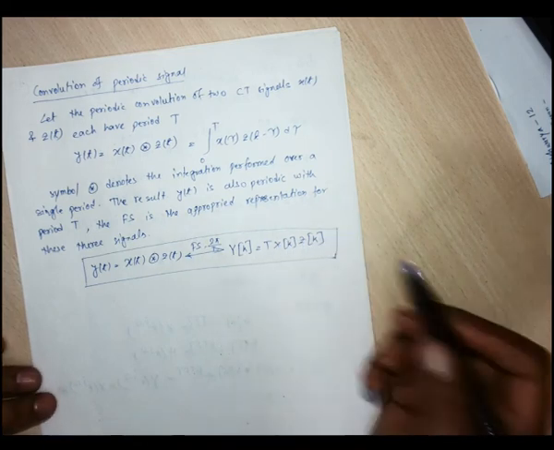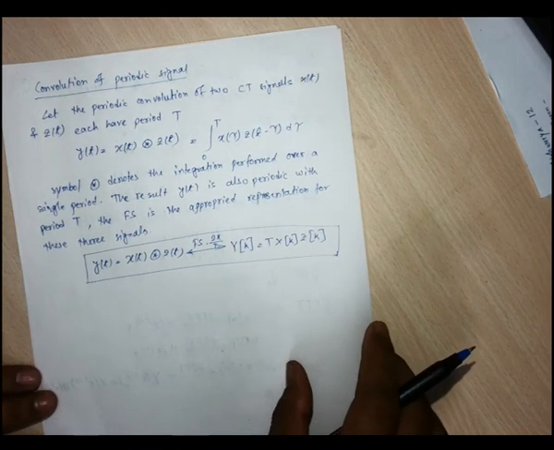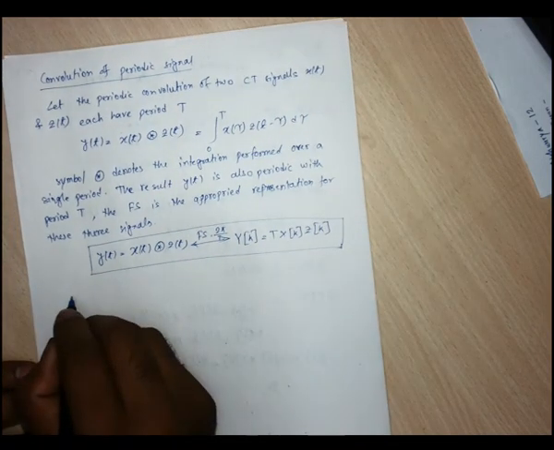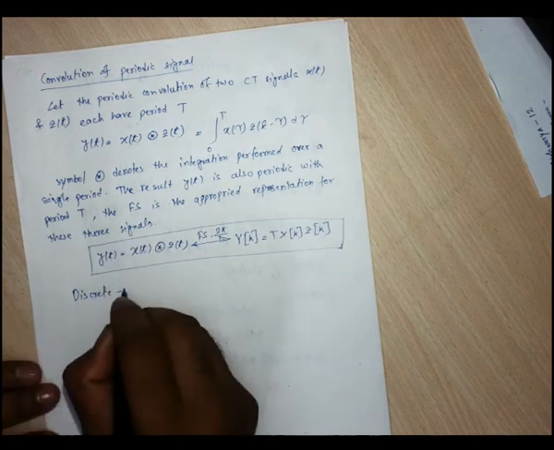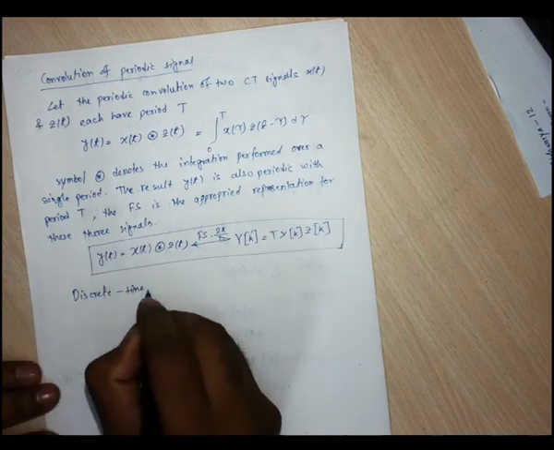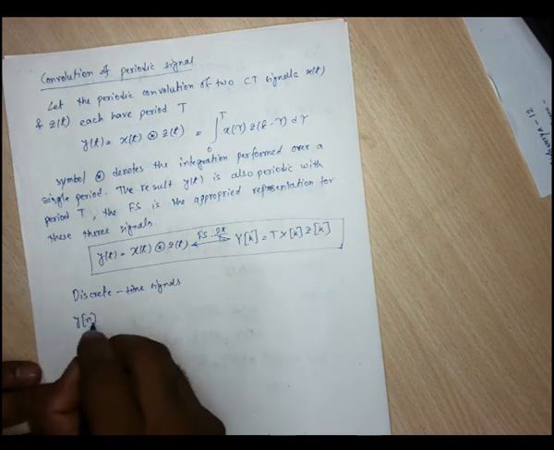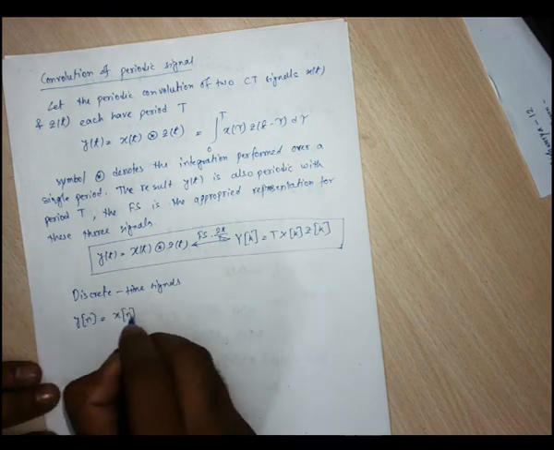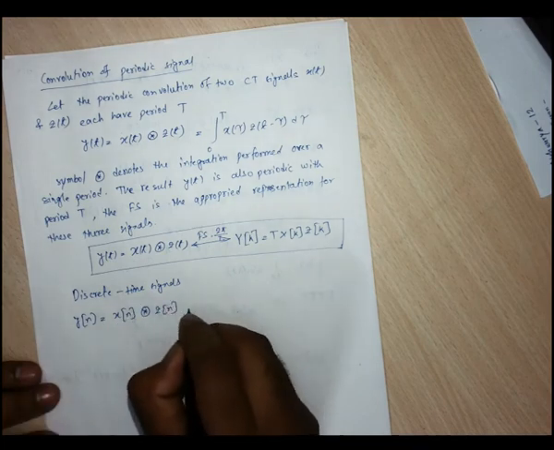In the same way we can do this for discrete signals. Here it was a continuous time signal; if we take a discrete time signal, then y[n] is x[n] convolved with z[n].